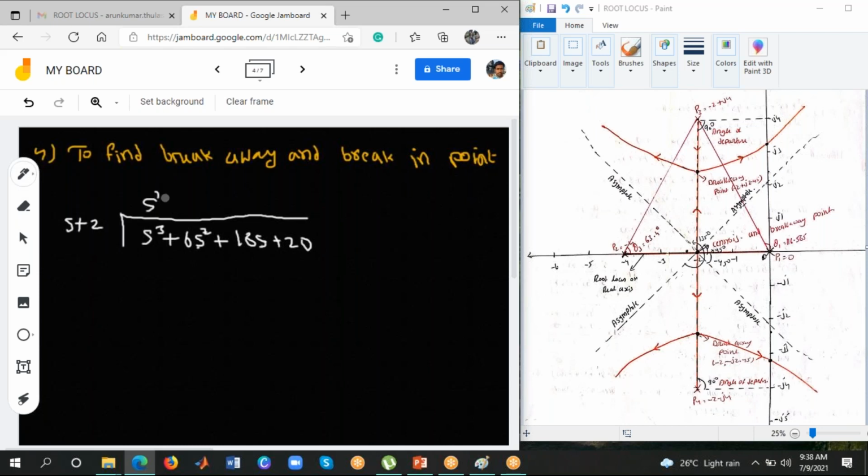S into s square is s cubed plus 2s square. Minus 2 will get cancelled. So 4s square plus 18s plus 20.